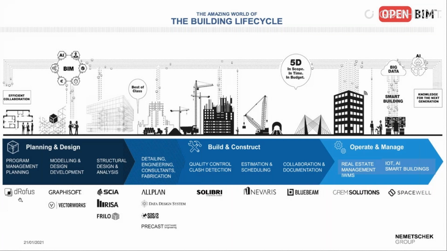And as you can see at the bottom, these are some of the software that would help with different uses and different stages throughout. So all these can be, ideally with an open BIM approach, taking information from the same model and working on it.